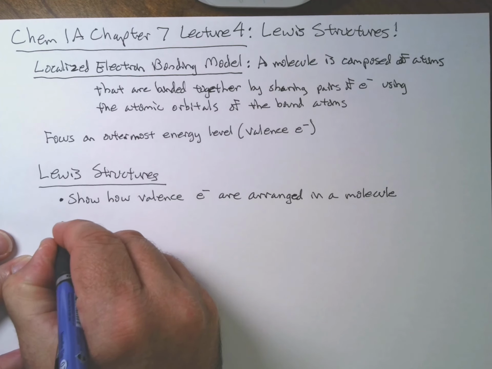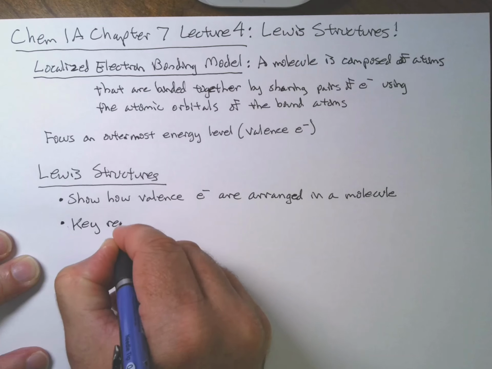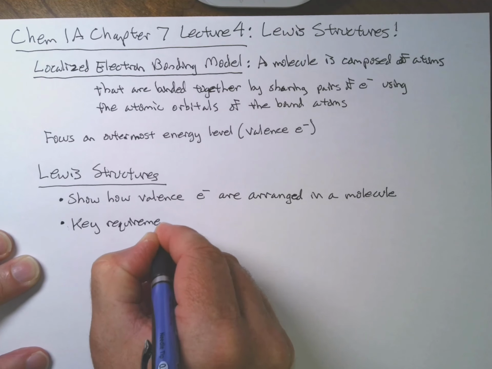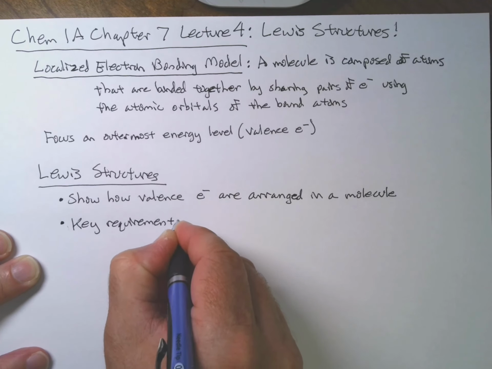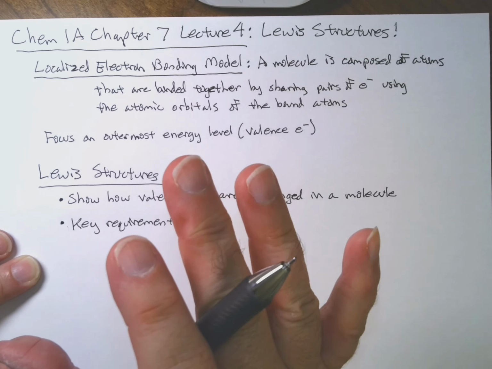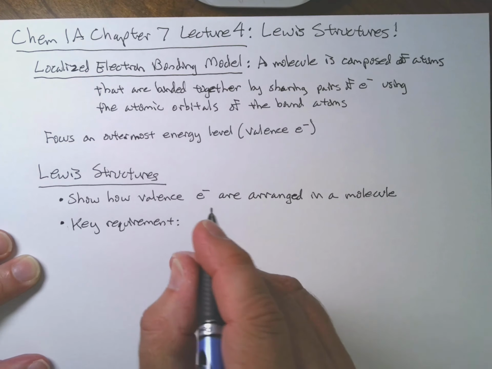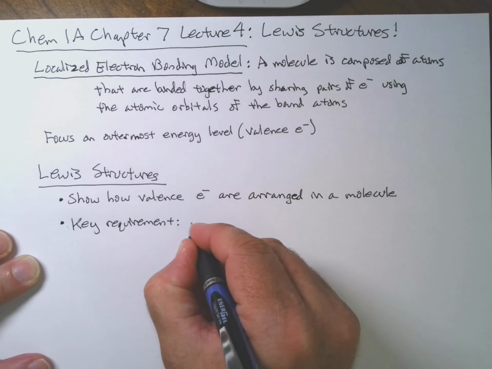Key requirement here: if we want to have a stable compound, the atoms have to achieve noble gas electron configurations.